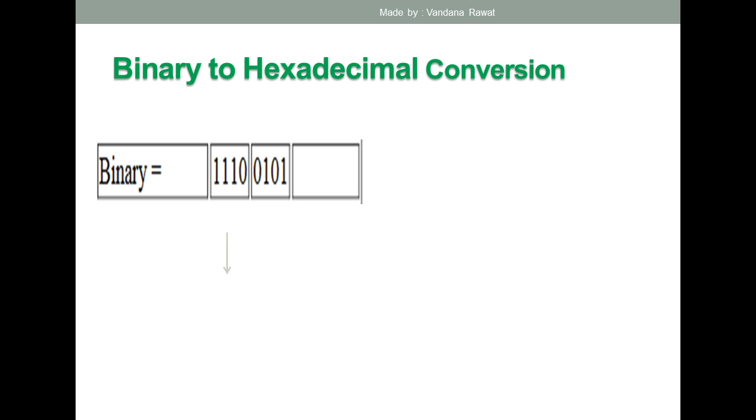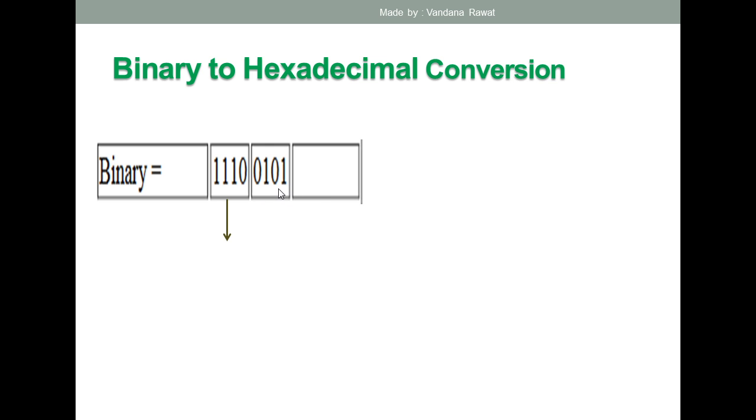So I'm taking one example, just like I have taken binary to hexadecimal, and this is one binary number which is given to you, that is 11100101. So what you do is you just make groups of binary digits in sets of 4. From the LSB digit you will make the group.